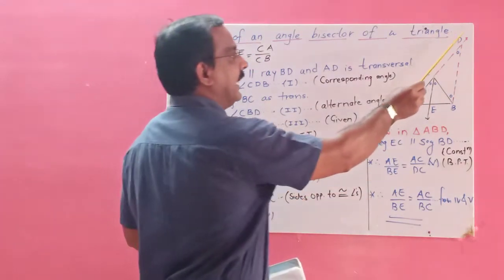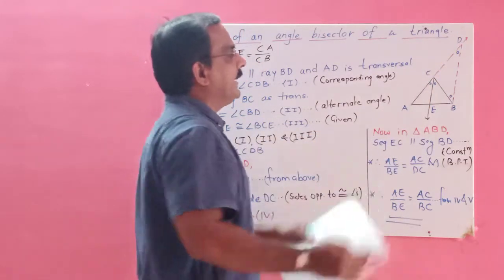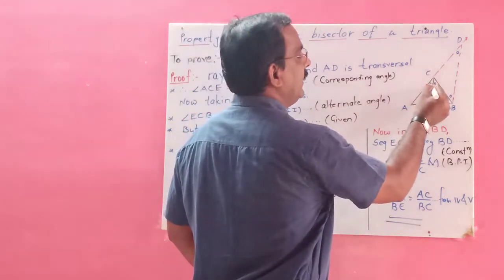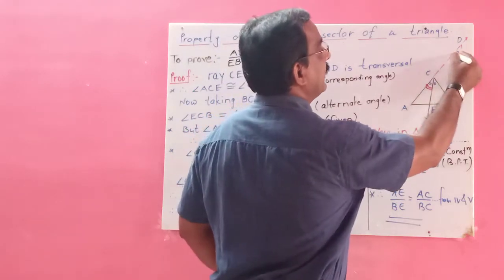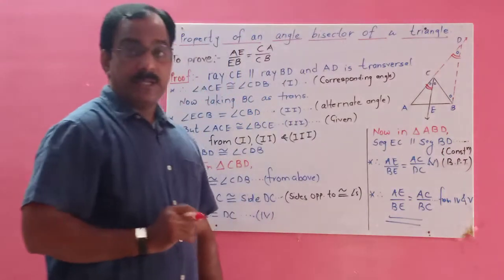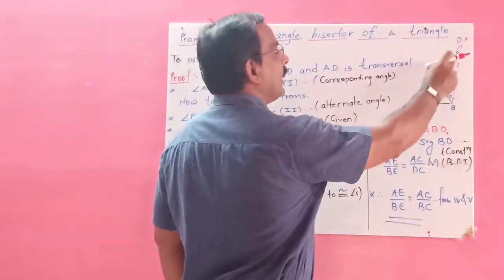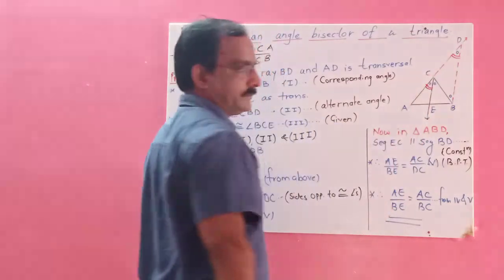If this is the transversal line, children, then what will happen to these two angles? This angle and this angle. See, I have done marking with circle. It is congruent. Why is it congruent? Because these two are corresponding angles.